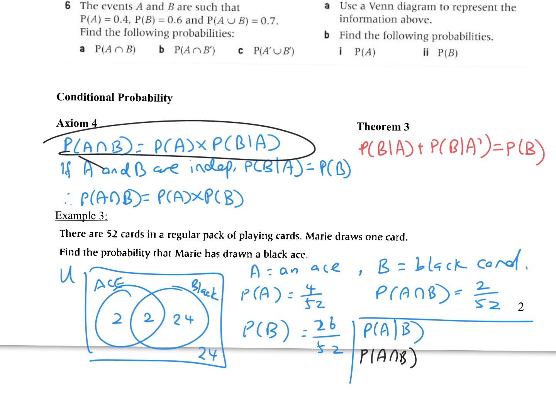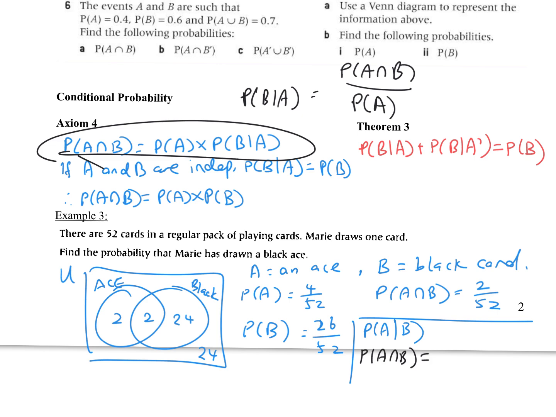Let's look at how we play around with this first. So this formula, if we have P(B given A) will be equal to probability of A intersecting with B over probability of A. So I'm going to apply this here.